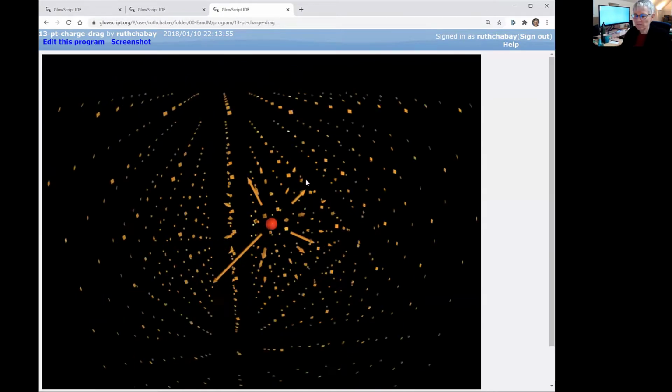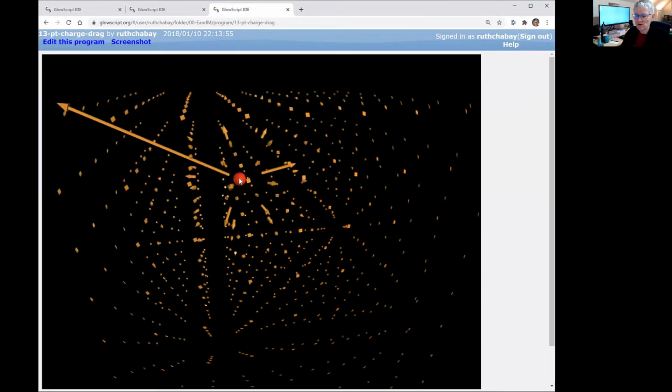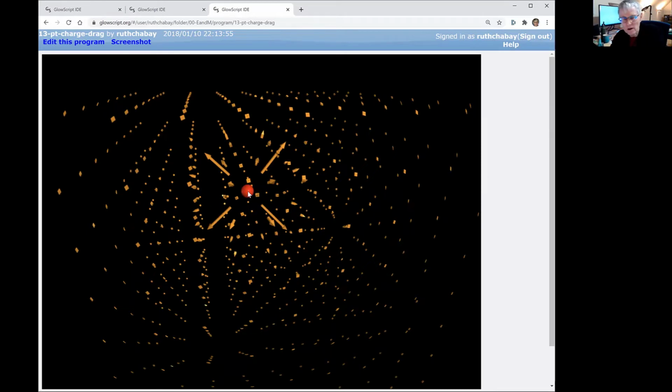If I drag this charge to a new location, wherever it is, it's making a field whose change is quicker when a location is close to the charge and slower. It's slower to get the information change when it's farther away.